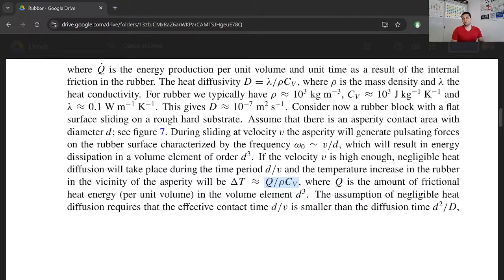where Q is the frictional energy. Q is the energy generated at the contact interface with the friction.